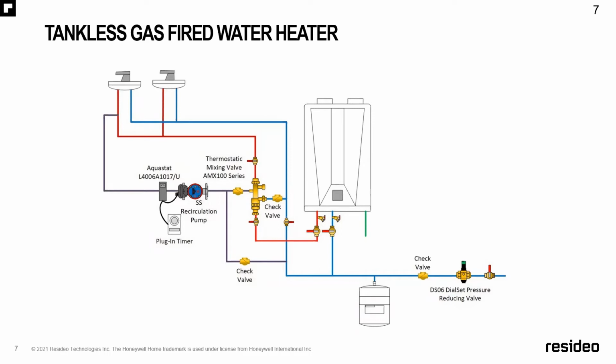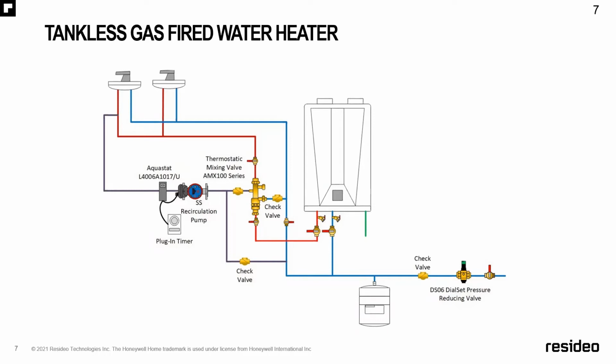So let's say you have a system that's sitting idle all night, you're obviously saving money because you're not wasting gas to heat that tank when you're not using it. So this tankless is sitting idle, but you can set this recirculation system to turn on at like 5 o'clock in the morning, or whenever you're going to start having your usage, and it'll actually turn on, get that hot water line warm and bring it up to temperature so it's at your taps for when you're ready to go.